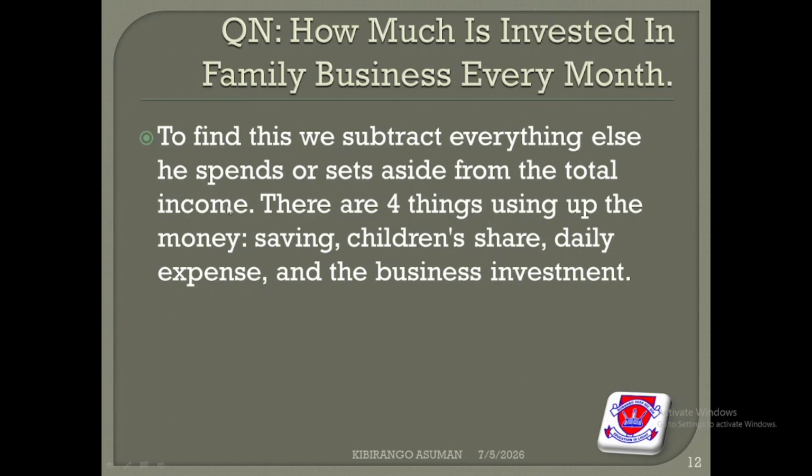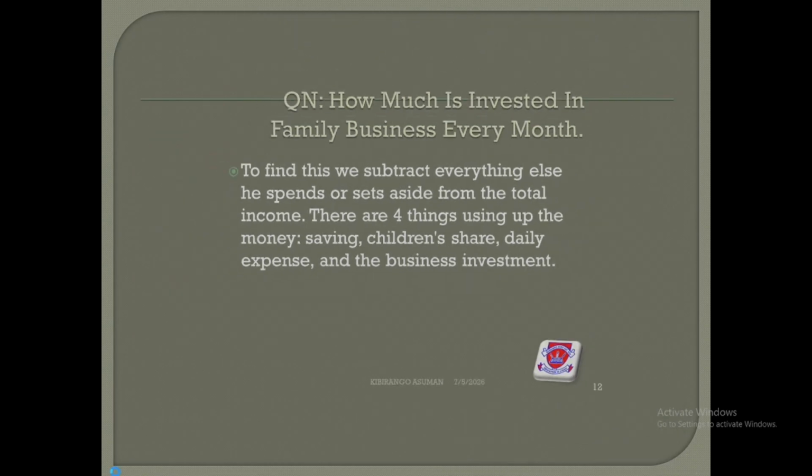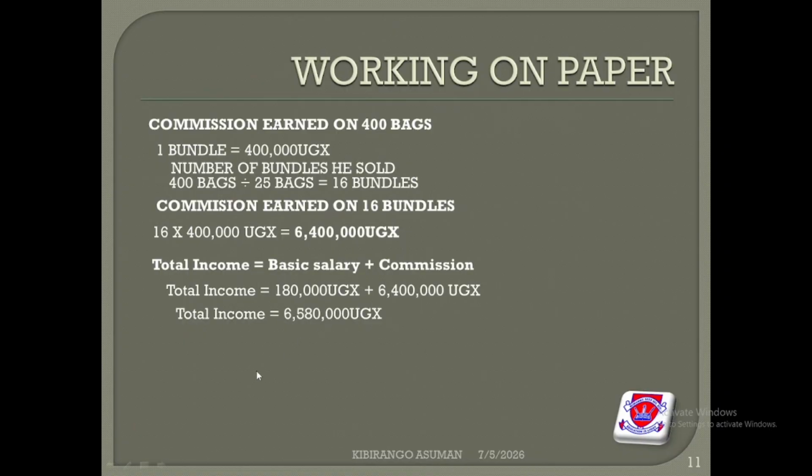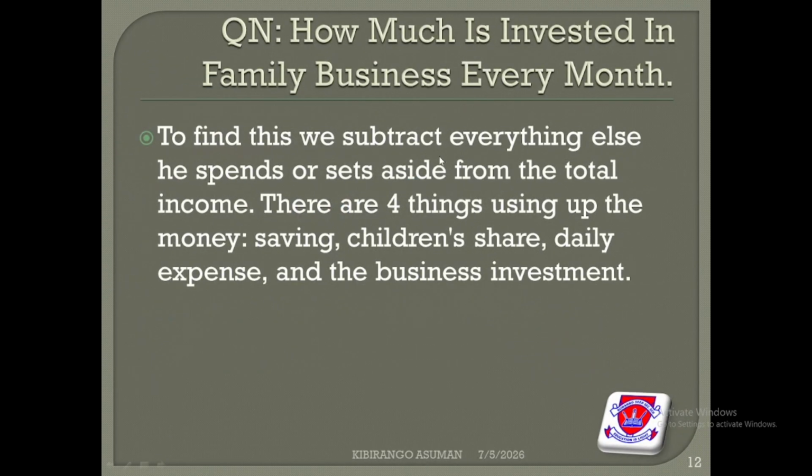So we have finished finding our total income, which is 6,580,000 shillings, and we are going to subtract everything else he spends or sets aside from the total income.